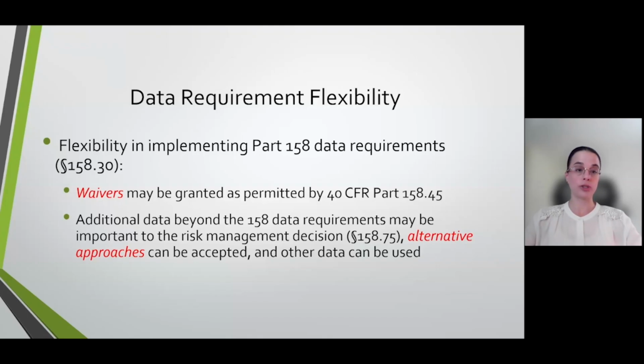However, we must ensure that we still have sufficient data available to make the determinations that are required under our statutory standards. The 40 CFR also provides the EPA with broad flexibility under 158.75 to request additional data beyond what's in Part 158. Part of this is that alternative methods and approaches can be considered and accepted as additional data when deemed appropriate.